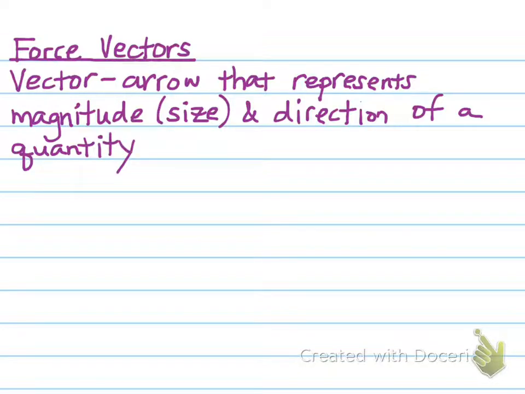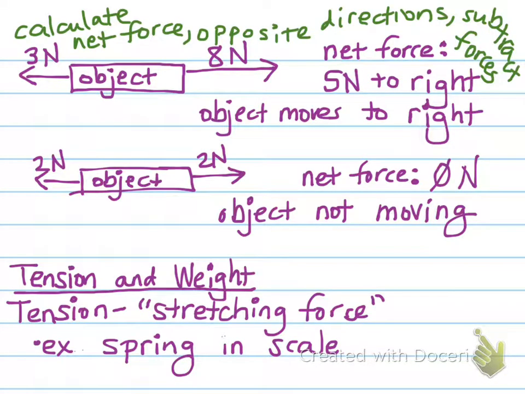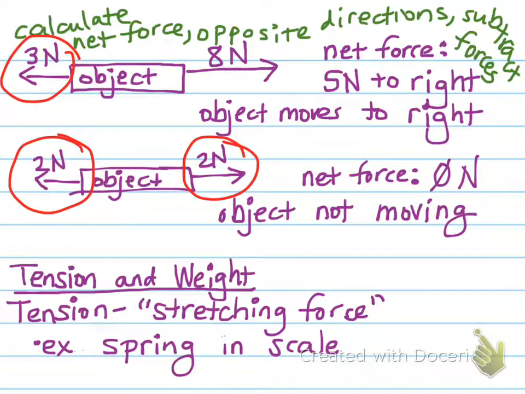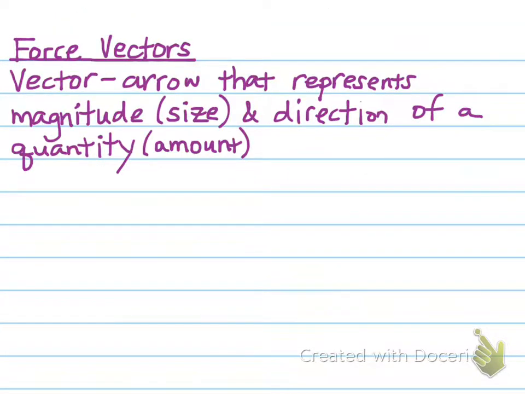And quantity is just another way of saying amount. So what I drew here, this is a vector. This is a vector. This is a vector. Those were all vectors. They are arrows that represent the magnitude, or the size, and the direction of a quantity, the amount.